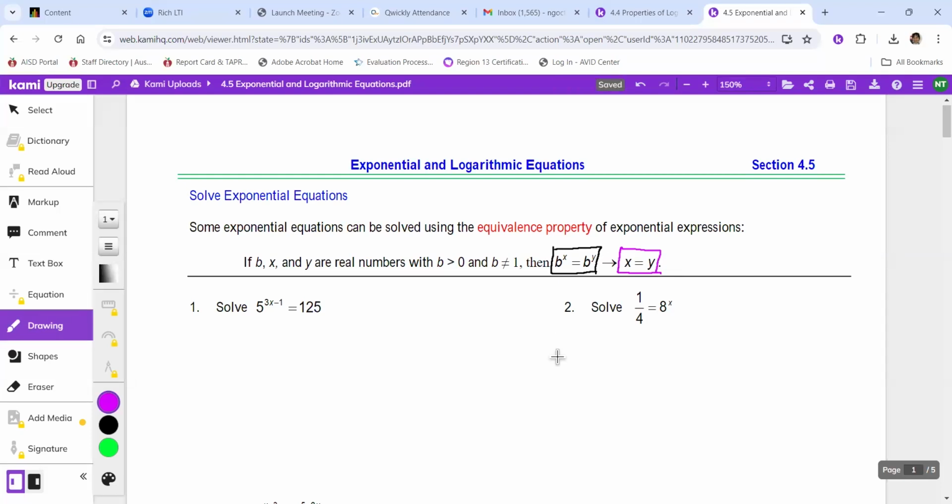So this tool only applies for exponential equations that have the same base. Same base, same exponent.